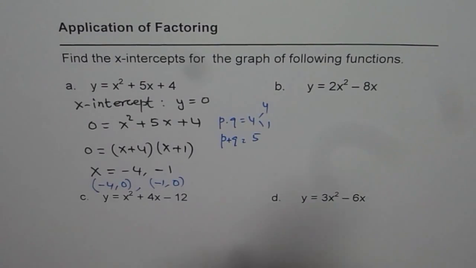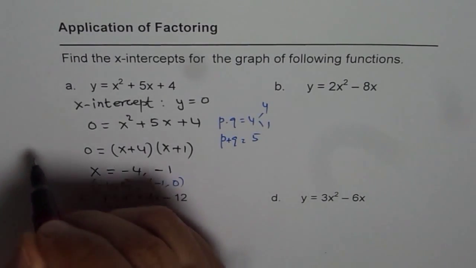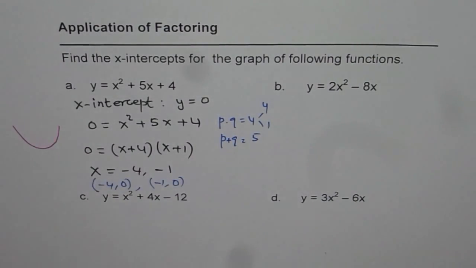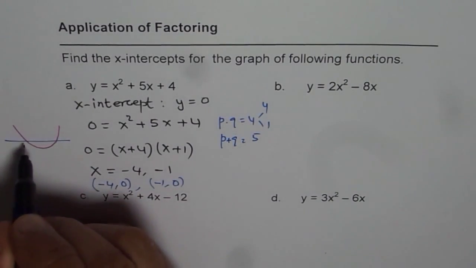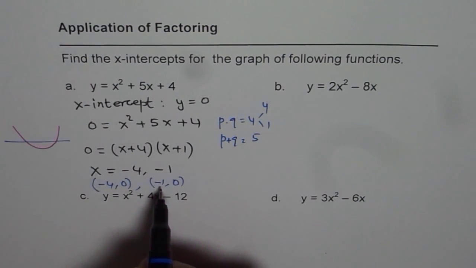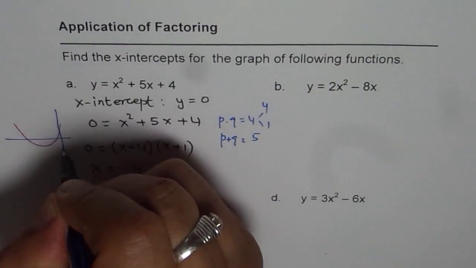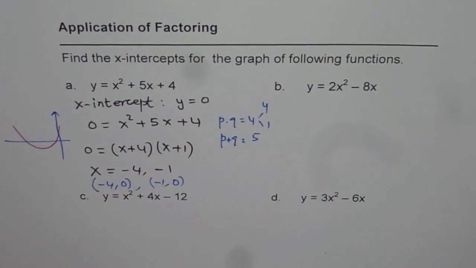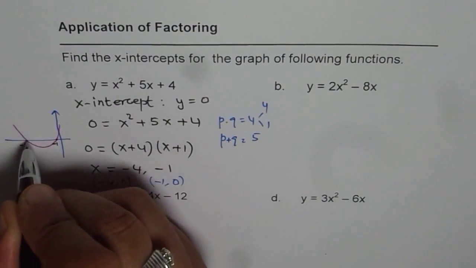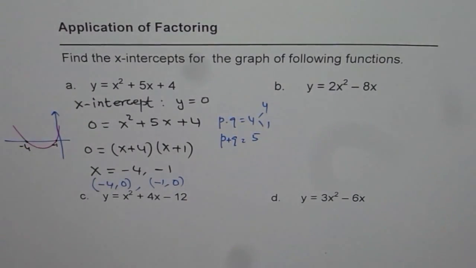If you sketch it, you may get a graph which will be opening upwards like this, and it is going to cross at 2 points which will be minus 4 and minus 1. So the y-axis is probably somewhere there, correct? These 2 points are minus 4 and minus 1. So that's what we mean. I hope you understand the concept.